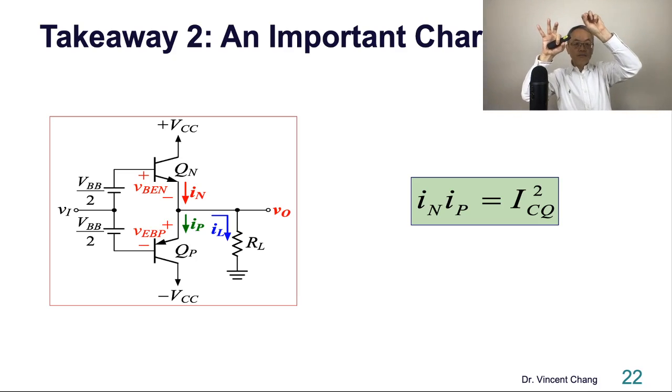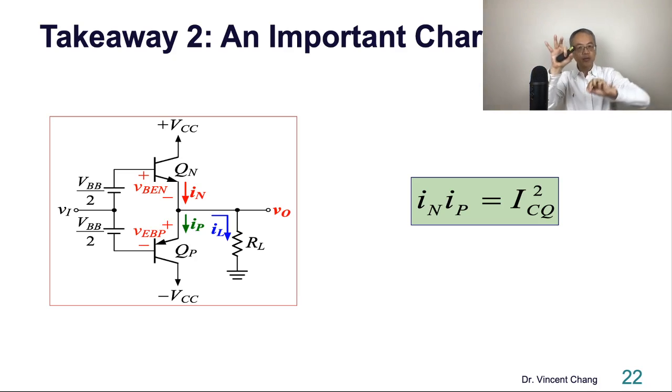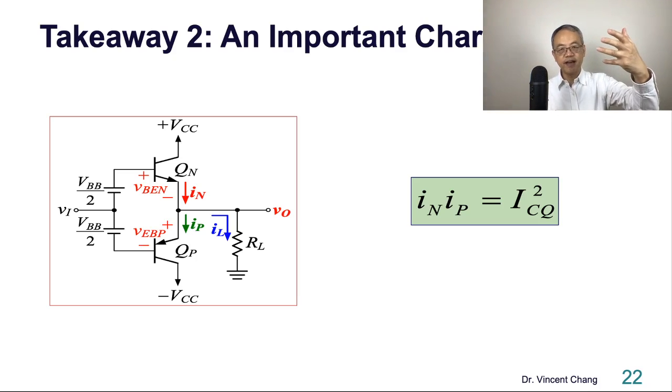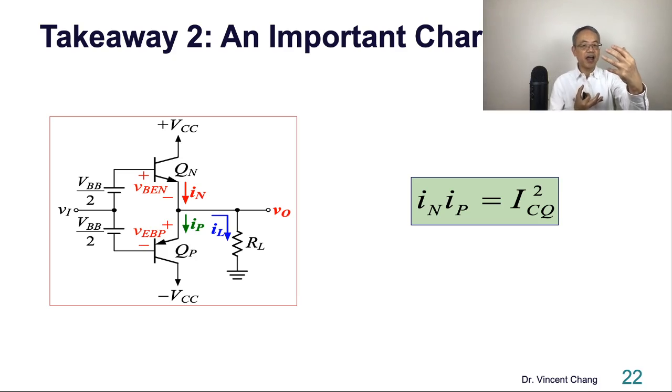If IN goes up, IP will go down. If IP goes down, IN will go up. If the NPN conducts stronger, then the PNP gets weaker. When the NPN gets weaker, then the PNP gets stronger.